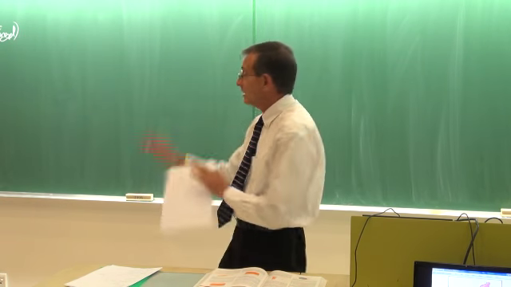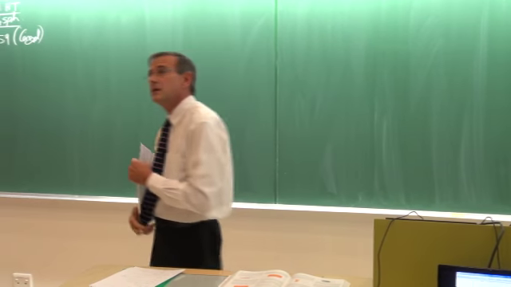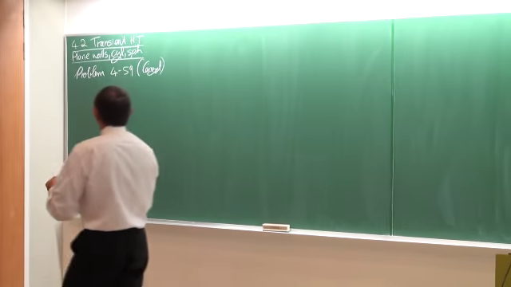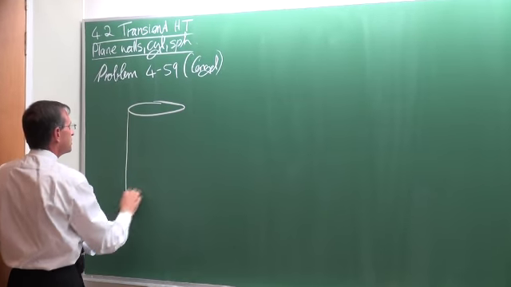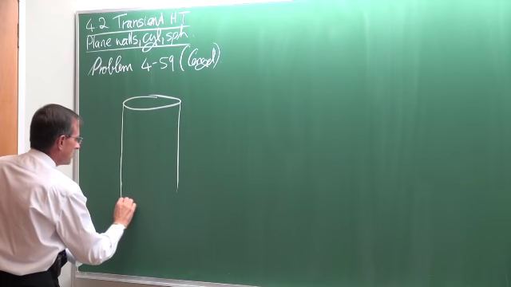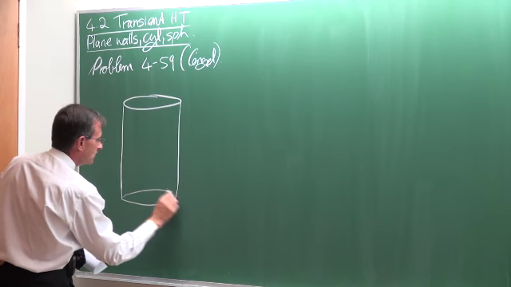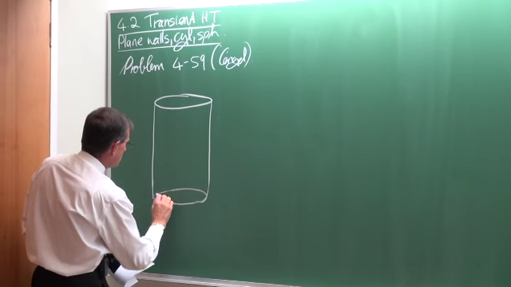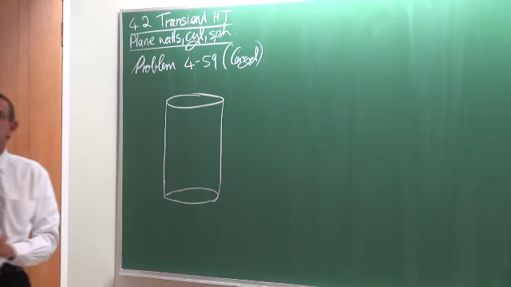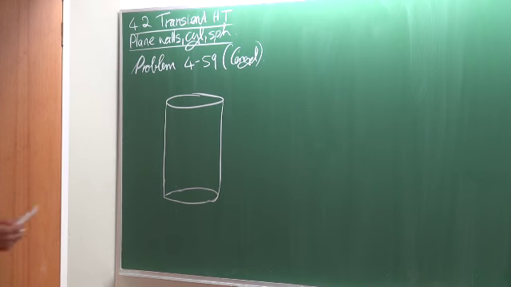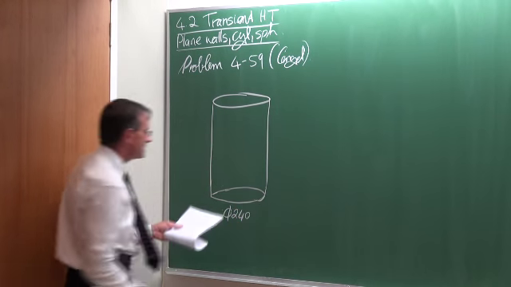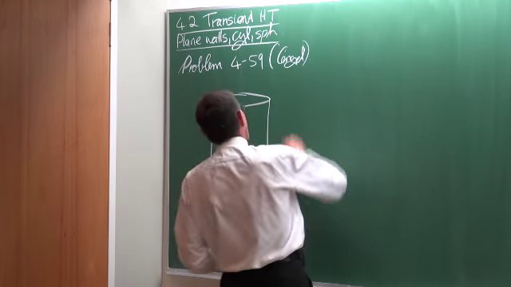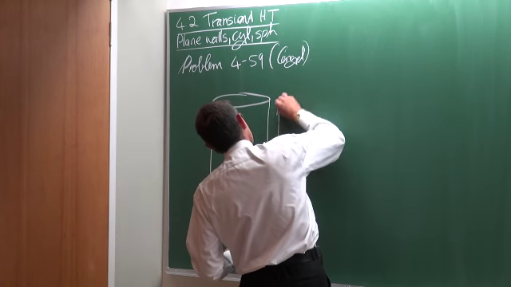Right. So let's just make the problem a little bit more schematic and easy for us to work with. That's the carcass, which we now say can be considered as a cylinder. And it has a diameter of 240 millimeters and a height of 1.4 meters.